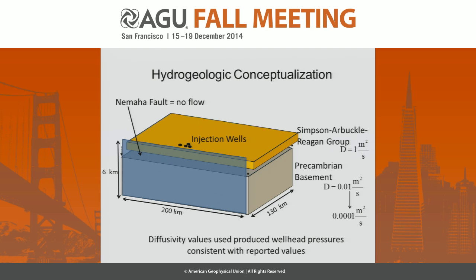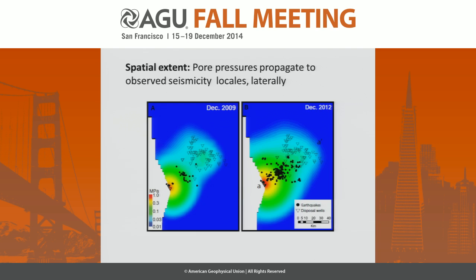It's higher at the top and then decreases to pretty small by the time you get to the 6 kilometers. And so these diffusivity values reasonably produce the overall pressure picture.